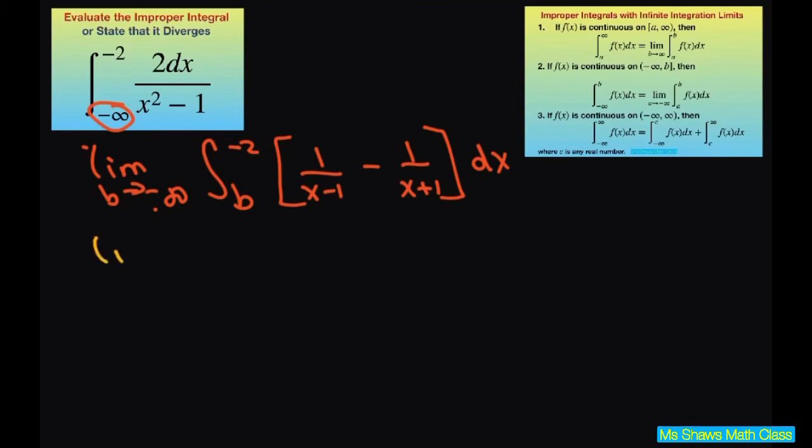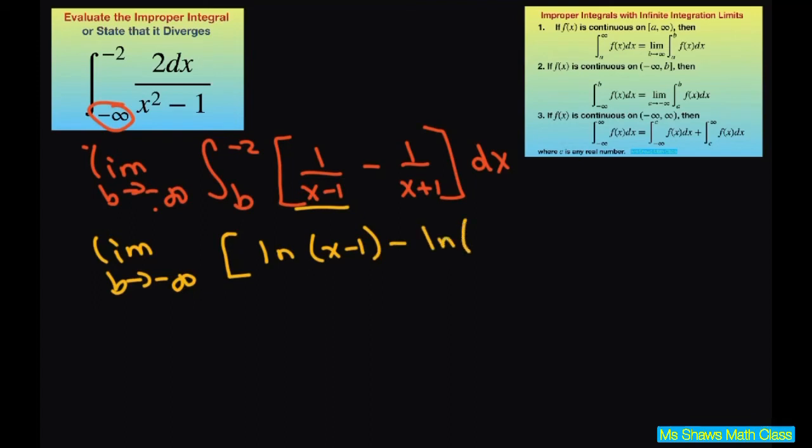From there, we're going to integrate this. So we have the limit as b approaches negative infinity. This piece is going to be ln of x minus 1 minus ln of x plus 1, and we're evaluating from negative infinity to negative 2.